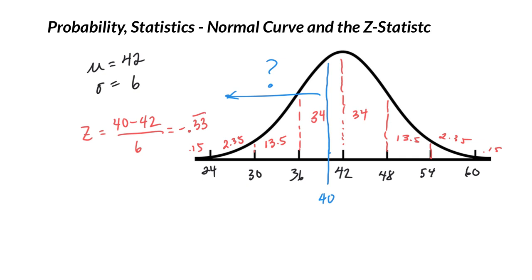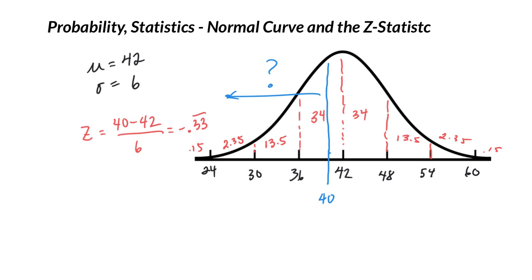Again, the negative symbolizes that we're below average, and the fact that it's a decimal means we're not even a whole deviation away. The Z is just saying how many deviations away are we.